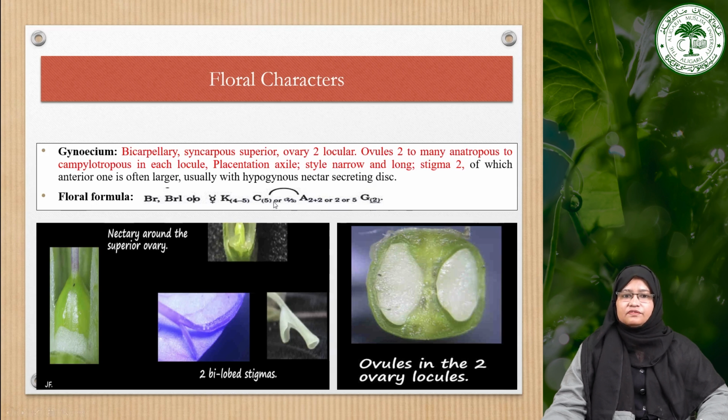Corolla number is also 5, united, generally 3 by 2, bilabiate form, and the androecium is generally 4, arranged in 2 pairs of different lengths, showing the didynamous condition, but sometimes reduced to only 2 and sometimes 5 stamens, and the gynoecium is formed by a bicarpellary, syncarpous, superior ovary with axile placentation. So this is the floral formula shown here in this particular image.